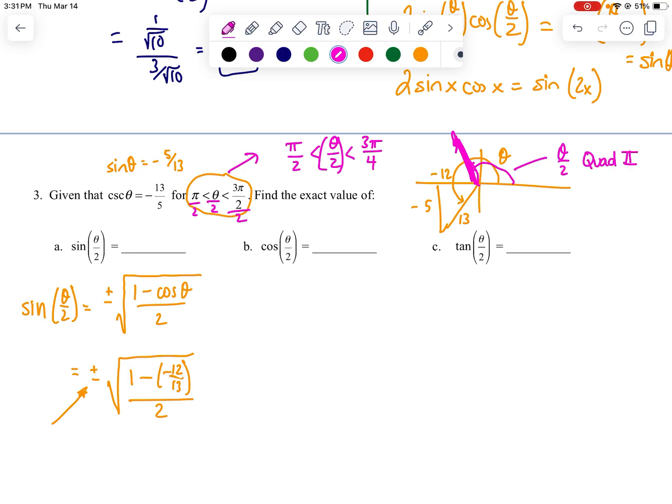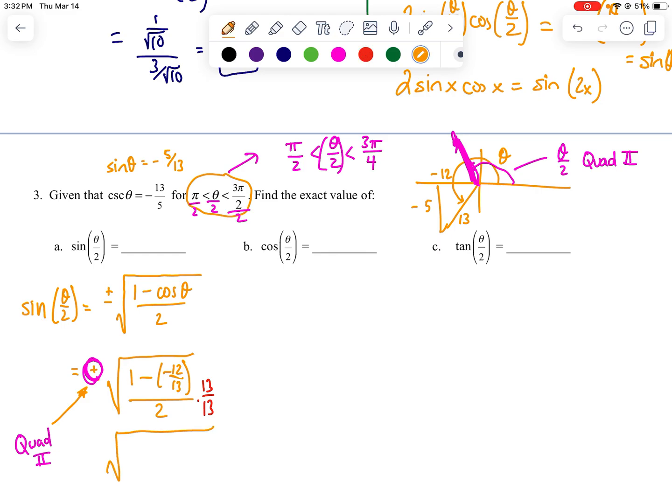So down here, when I pick the sine, I want to pick the positive value, since we're in quadrant 2. The mistake a lot of people make is they look at the original angle to make the decision, but we need to look at where it is after it gets cut in half. Then I think the easiest thing to do is just multiply by 13 over 13 in here.